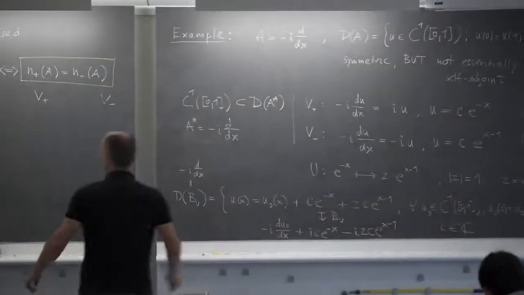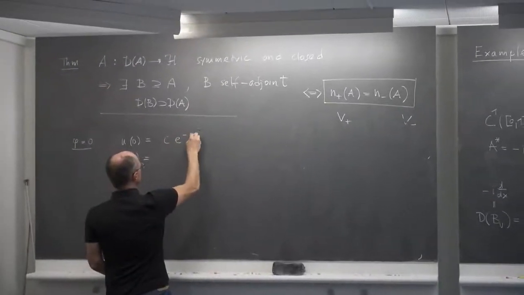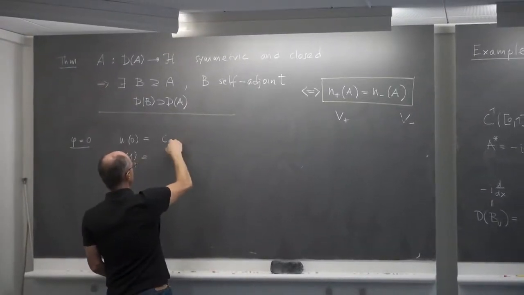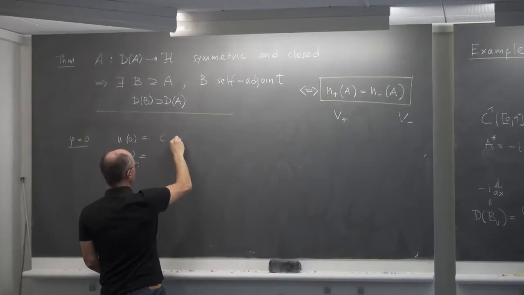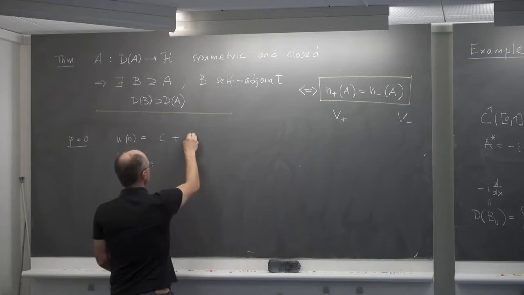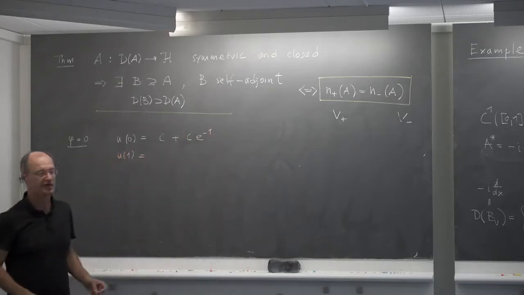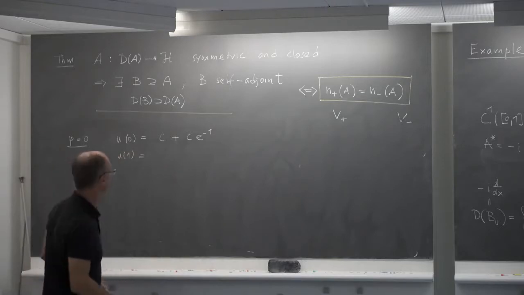So this is c, e to the power minus x is 1, right? Plus z is now equal to 1, c times e minus 1, right? That's the value of the second function.